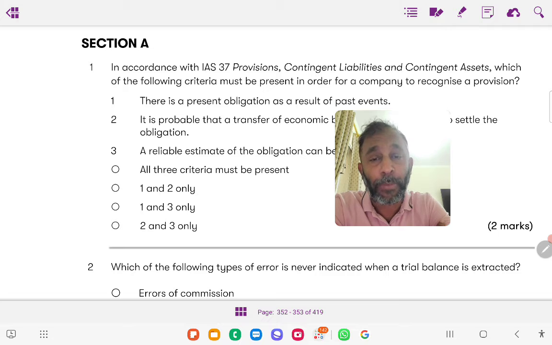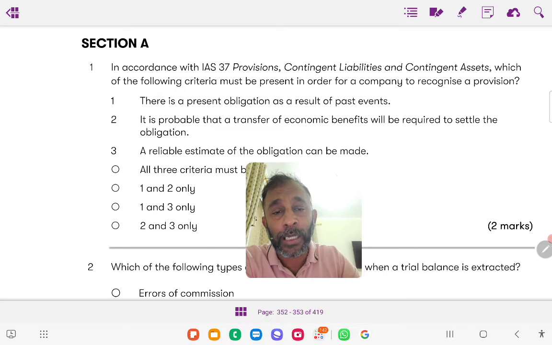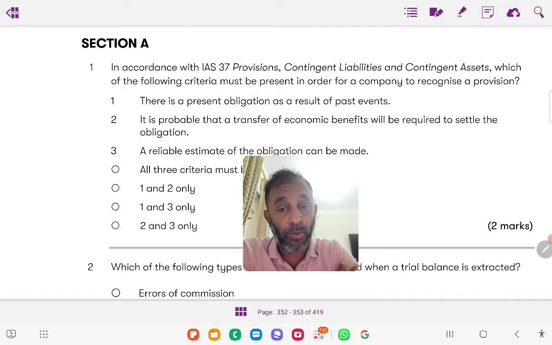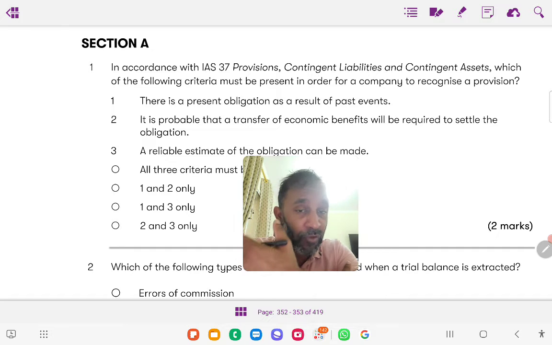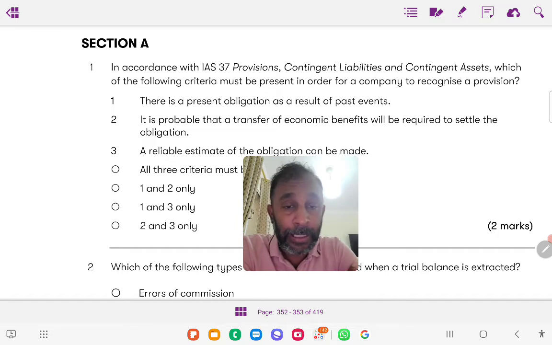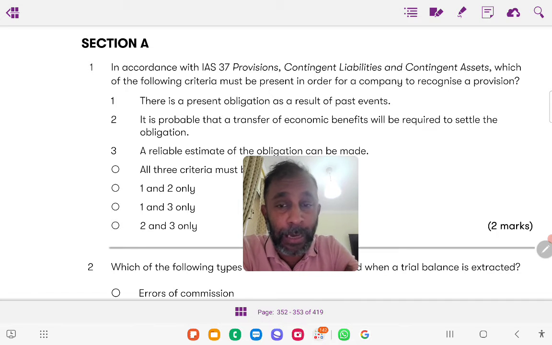Secondly, it is probable that a transfer of economic benefits will be required to settle the obligation. Once an event or incident leads you to foresee a future transfer of economic benefits, it's probable. When you say probable, in terms of probability, it should be above 50%.